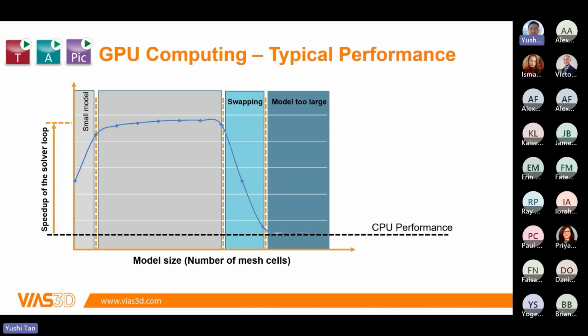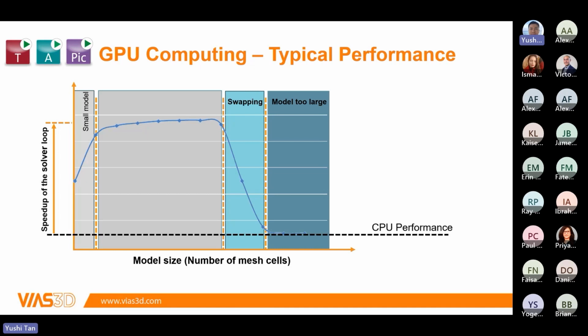Once that's reached, you would be swapping information between the CPU and the GPU. That decreases the performance, so that's the situation we try to avoid. We want to keep it at peak performance using these GPUs, so that has a direct relationship with the GPU memory.